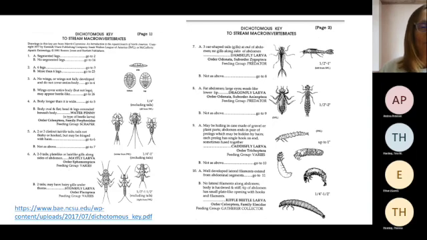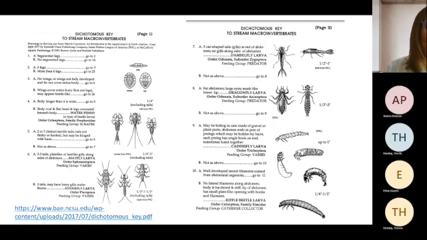Look at the body. Was the body longer than it was wide? So yes, it's skinnier than it is fatter. So we're going to go to step number 5. Step number 5 says, does it have 2 or 3 distinct hair-like tails? Tails that aren't fleshy or hooked, but maybe fringed, or does it not? So yes, it does have 2 or 3 what look to be tails.